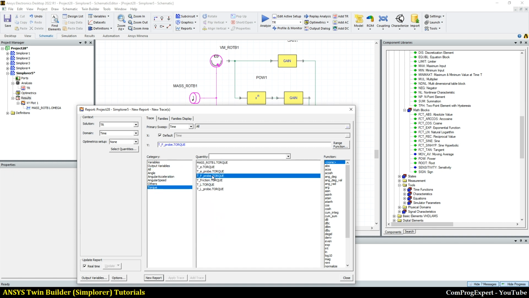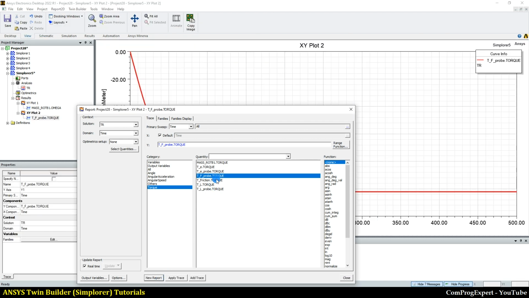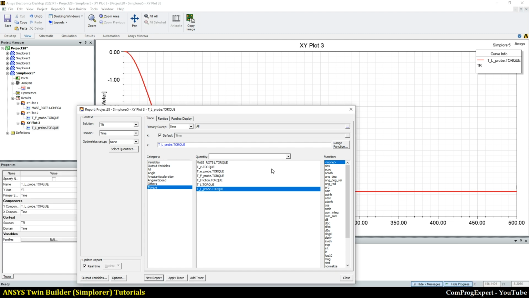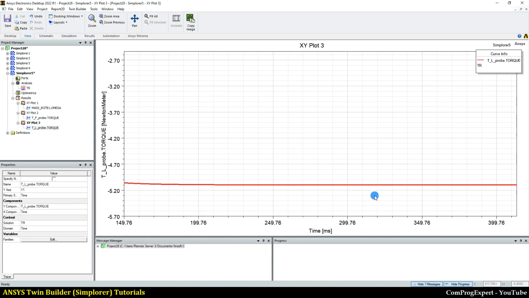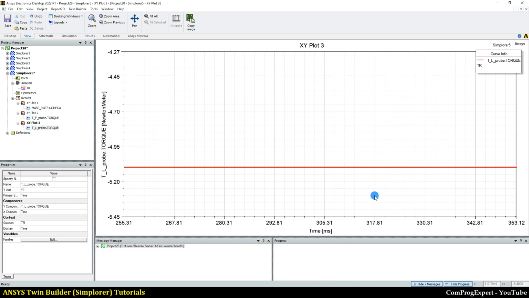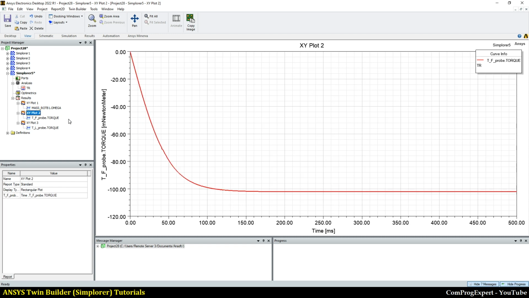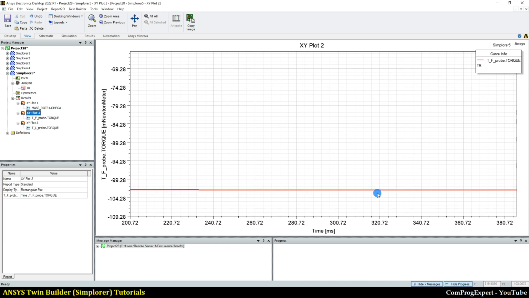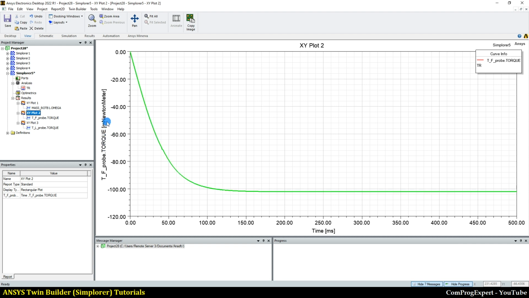Where is the friction probe? Is here. And also the load torque. Yes, the load torque is close to negative 5.1 and friction torque is close to negative 0.1. This is millinewton meter. Negative 100 millinewton meter, that is negative 0.1 newton meter.